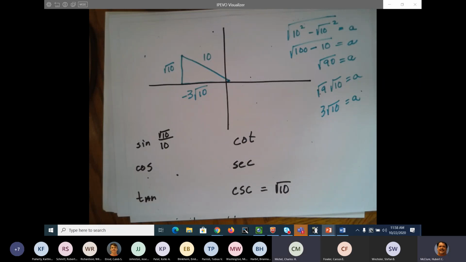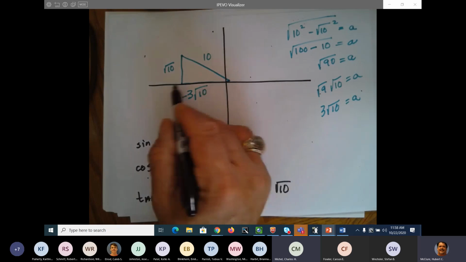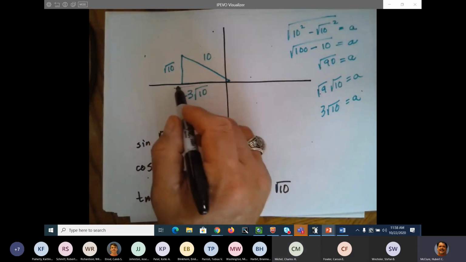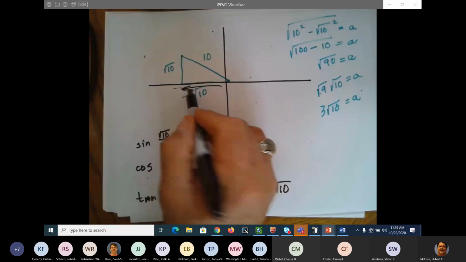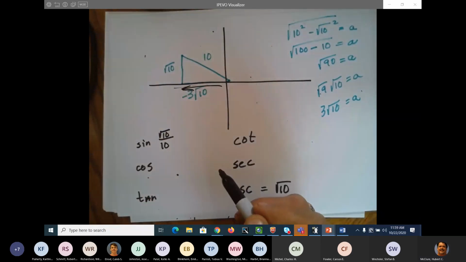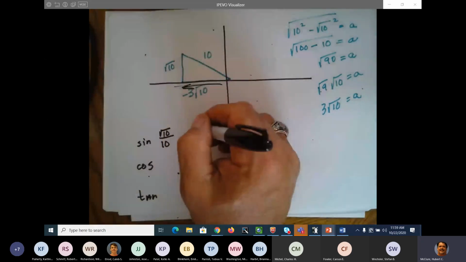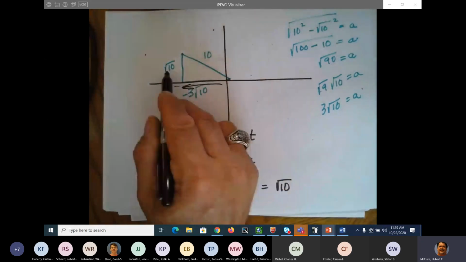Quick question. Would you mind explaining why it's negative 3 root 10 instead of just positive 3 root 10? Because it's on this side. Okay, thank you. You see, that's negative x. That's why. I don't mean to sound simple, but that's it. If this triangle was down here, then the negative would be here and the negative would be on the square root of 10.